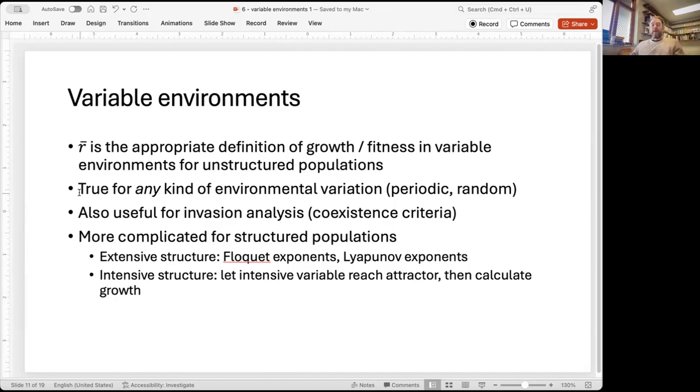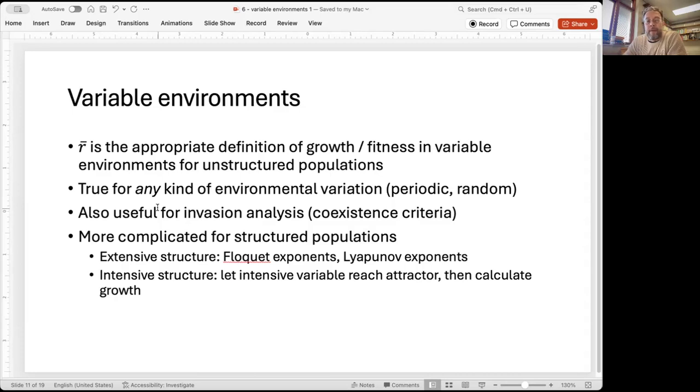So what good is this, right? How often do species grow in density independent mode? So the same approach is useful for considering invasion analysis that we discussed for studying competition. So you remember in invasion analysis, you put one species in by itself, let it go to its long-term attractor, sprinkle in the other guy, measure its growth rate, vice versa.